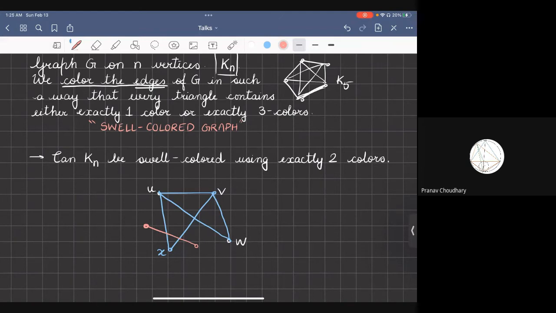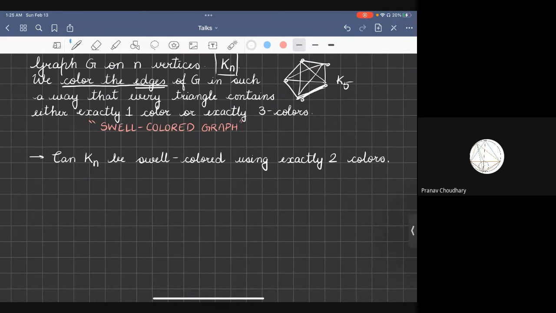Your idea works too. So if you consider A, then UA and UV must both be blue. But then if you consider VAB, there's a contradiction, because one of them is red and the other is blue. So of course this is not possible, right?